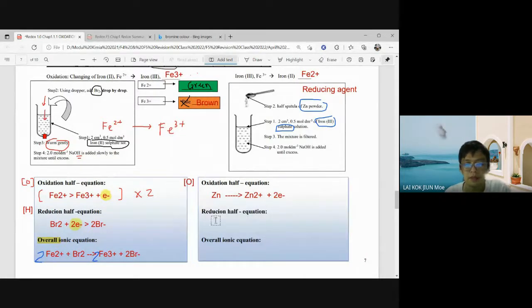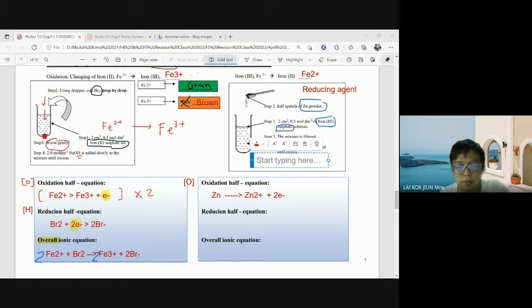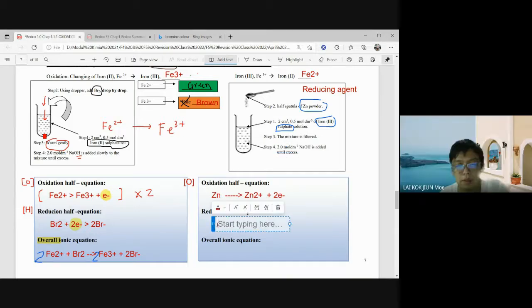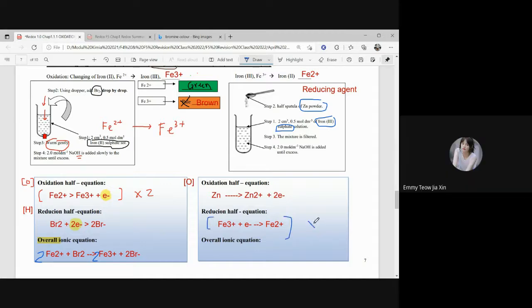Reducing equation. So the reducing equation is for Fe, right? So Fe3 plus becomes Fe2 plus. Okay, so same thing, we have to balance the electron, right? The whole thing has to be times 2.